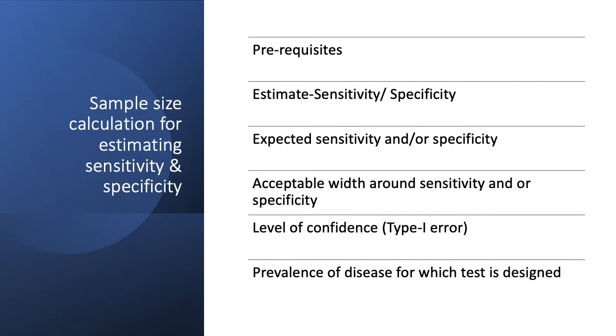That decision needs to be taken, and then the level of confidence has to be decided, and prevalence of disease is also important. In yesterday's class, you have seen how prevalence changes the diagnostic parameters.